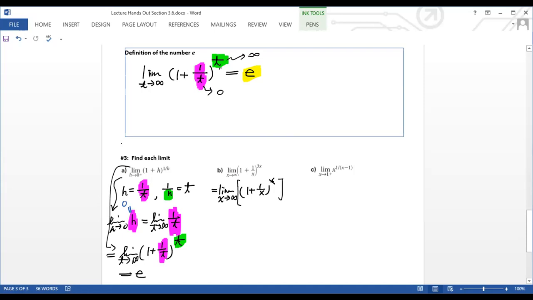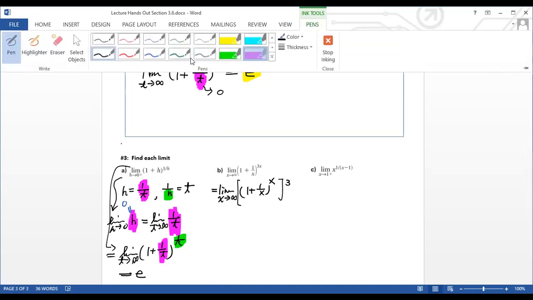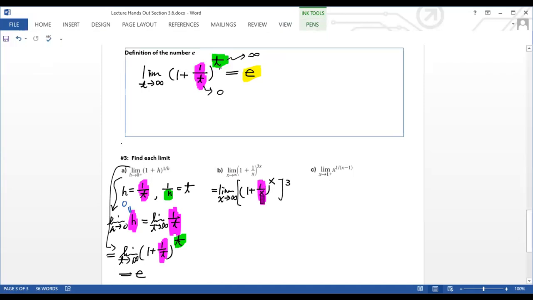Then the whole thing here, I have 3 here, right? Okay, so now inside here, take a look. As x approaches infinity, this one approaches 0, and as x approaches infinity, this green one approaches what? Approaches infinity. So this form inside this bracket exactly matches my definition of e. So what is here? So this will be e, right? But then outside I still have a cube. So what is here? e cubed.